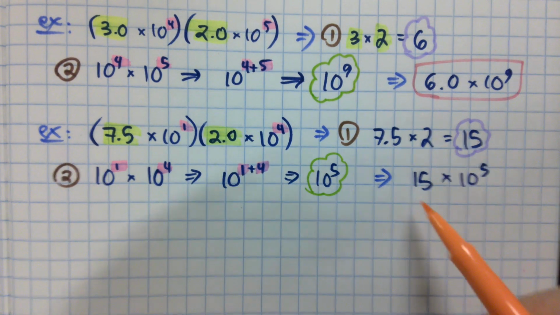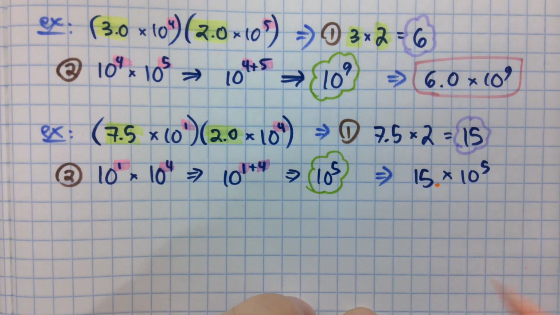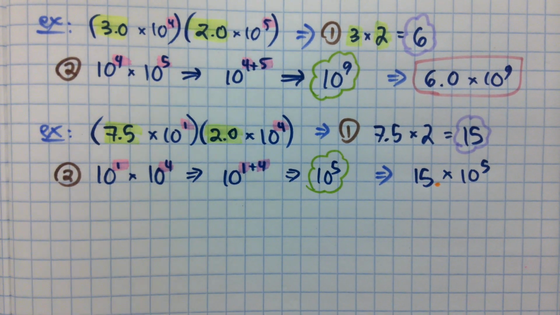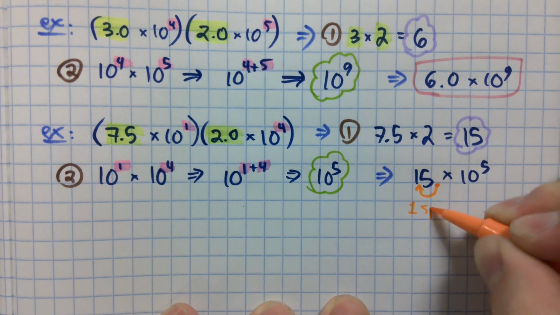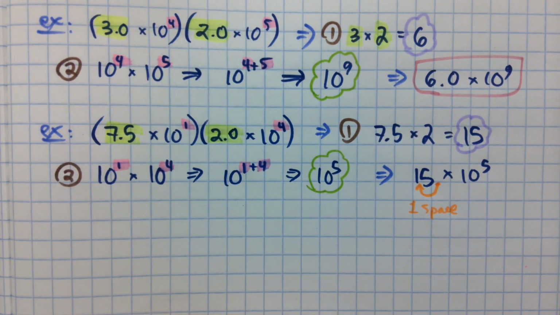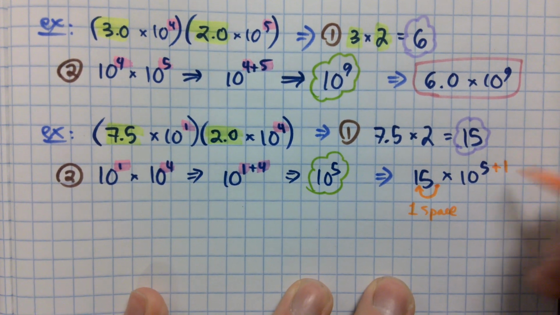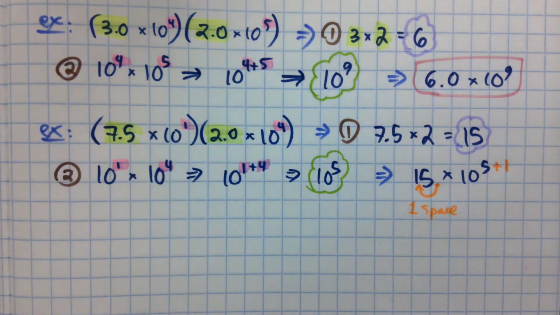Is that our final answer? No, because 15 has 2 numbers to the left of that decimal, right? So how many spaces will we need to move this decimal till we have 1 number to the left? 1 space, right? So we're going to take our power of 10 and we're going to add 1. Okay, every time we move the decimal, it changes our power.